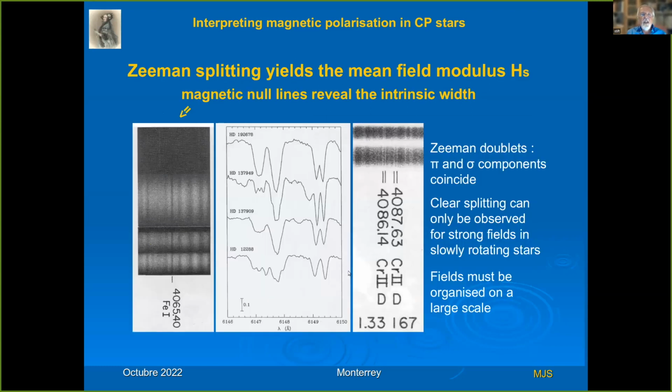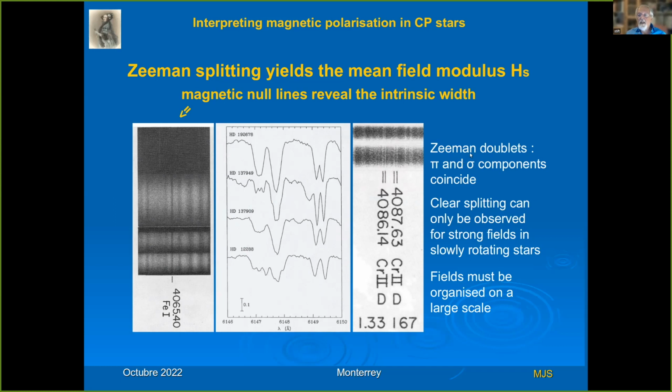Still later, it was found that for a few stars, the mean field modulus, which was called HS, could be determined in stars which are very slowly rotating and which have very strong fields of the order of many kilogauss. When these fields are organized on a large scale, you can see, for example on the right side, Zeeman doublets that are resolved.